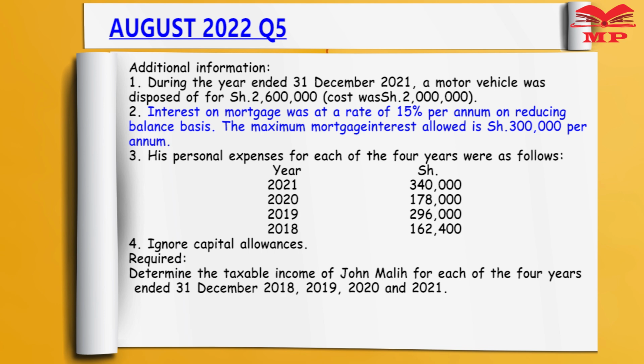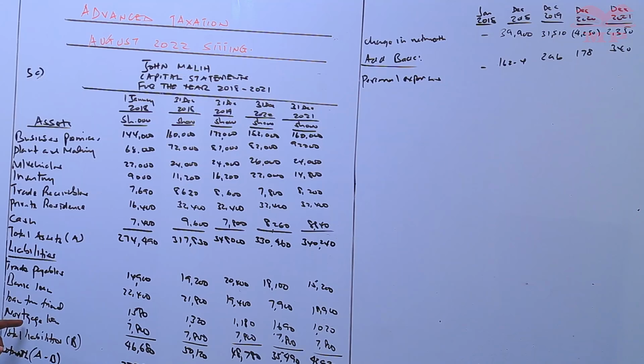The maximum mortgage interest allowed is 300,000 shillings per annum. Now, there's a liability here called mortgage loan, which is 7.8 million shillings all through. And we are told in note 2, the interest on this loan was at 15% per annum, though the maximum interest on mortgage allowed per annum is 300,000. So what we do is simple.